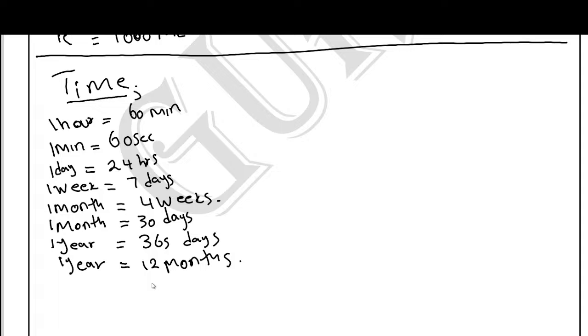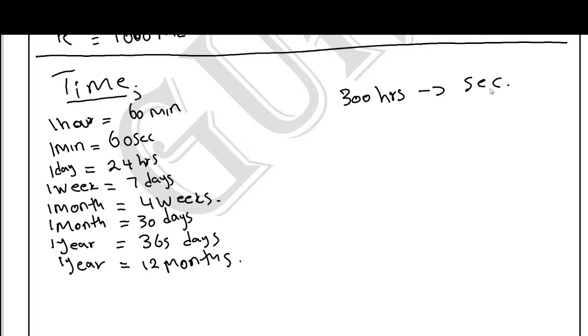Okay, so now let's talk. You are given the question. They say convert 300 hours into seconds. Okay, but when you check here, you don't have the relationship between hours and seconds.